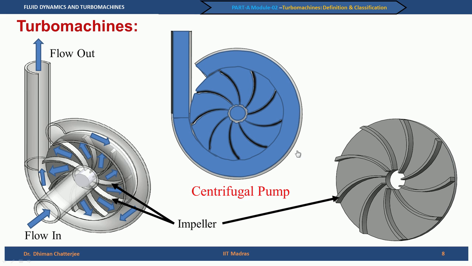You see these rotating blades, these are called impellers, also shown here on the right hand side. They are also called rotors, rotating blades, moving blades and different names. But the main purpose is that the transfer of energy from the blade to the fluid, or the fluid to the blades, will take place in these rotating blades only.